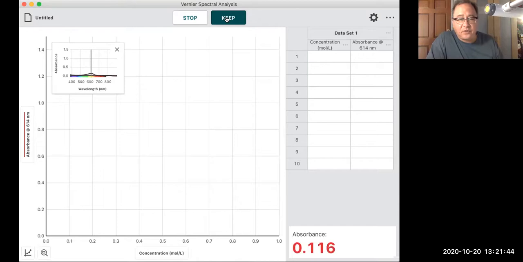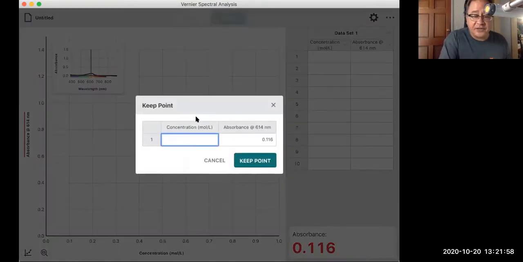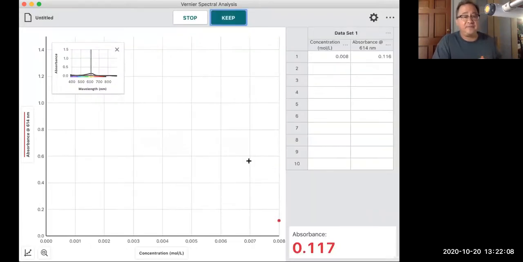Okay, so we're going to keep this data here. The absorbance is 0.115. It's changed a little from when we did this earlier, and I wonder if it's because I did something weird. Anyways, we're going to keep this data, and the concentration here is 0.008. Now this says moles per liter, but we know that's actually grams per liter in our case. So we're going to keep this point.